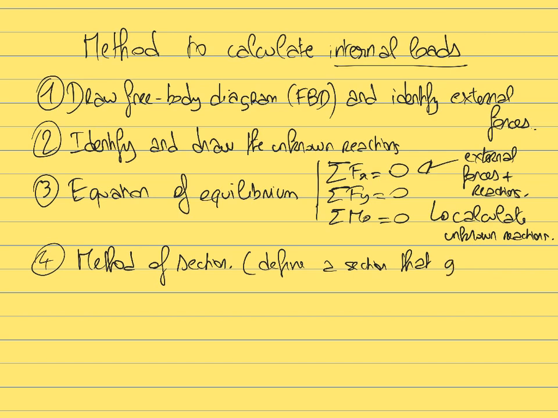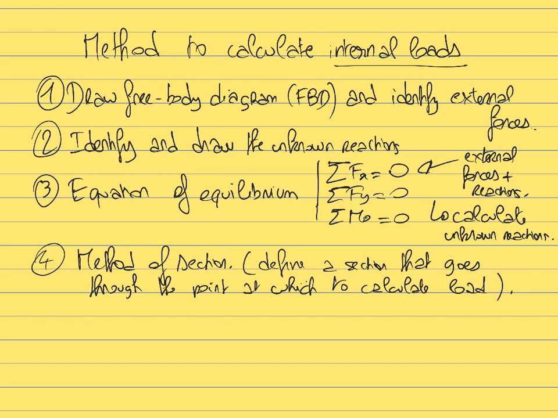So you define a virtual section that goes through the point at which you want to calculate the load, so the internal load. So this is about the method of section.